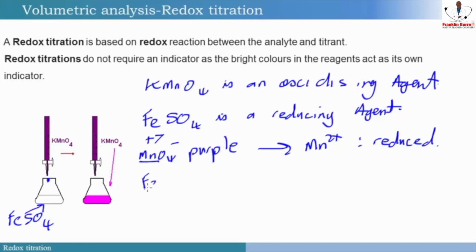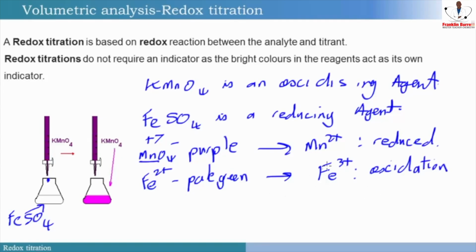Iron 2 plus is pale green, and it should move to iron 3 plus. So we see where we have an increase in oxidation number. Where there is an increase in oxidation number, we have oxidation. Whatever is oxidized is the reducing agent.